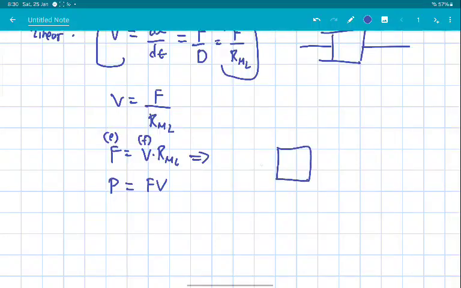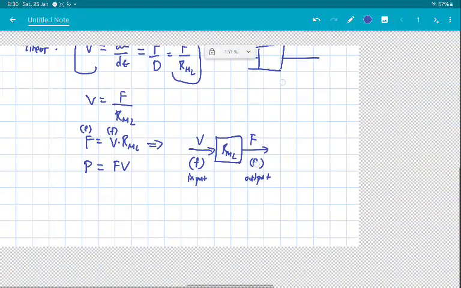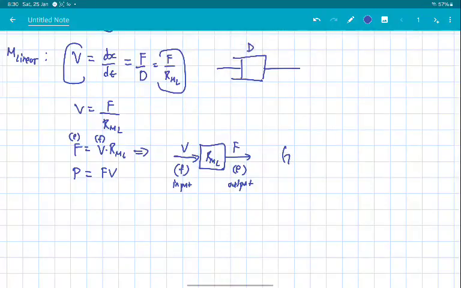So in this block, you always input your flow and output your effort. So your input here would be velocity, your output will be F. And here you will have R_ML. So if you were to write this as a transfer function, you can write G_D, or G_RML, is equal to F over v.